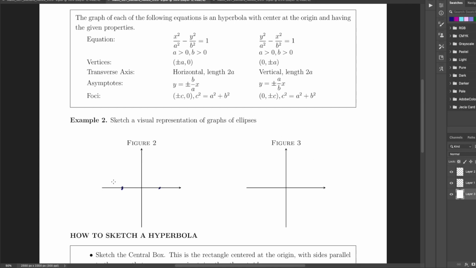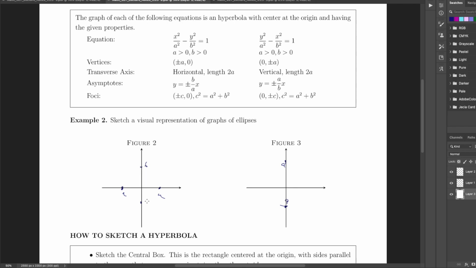The transverse axis, how long this axis is, is 2A. Then we have our asymptotes, which are lines that the hyperbola cannot pass, and the best way to find them is to draw a box.